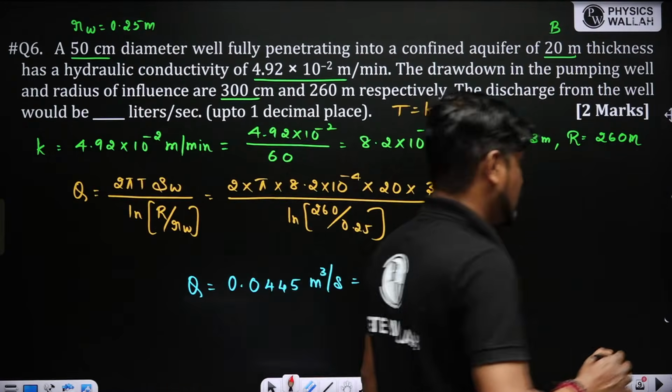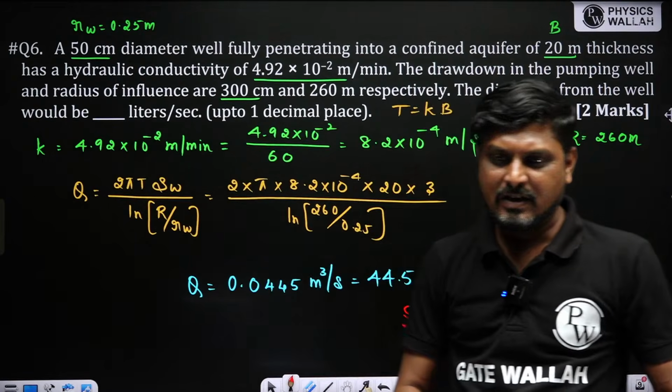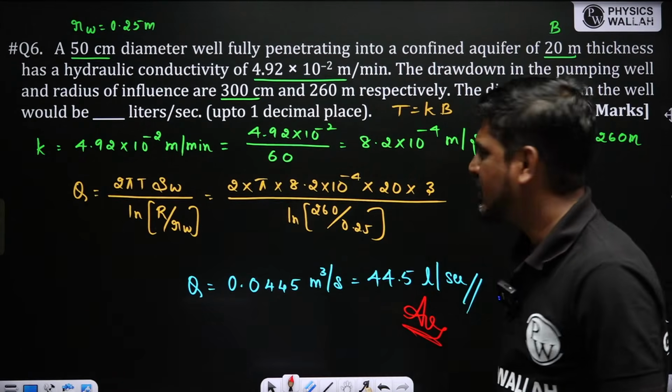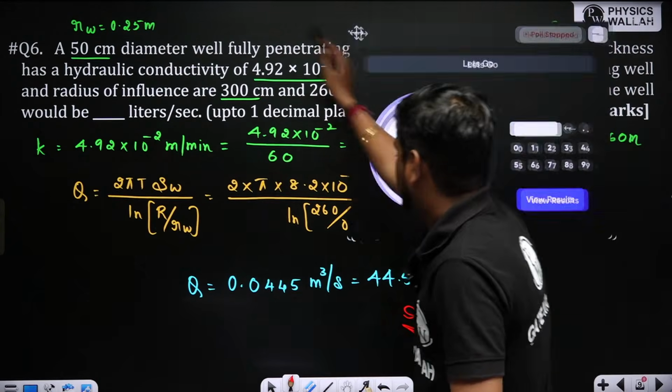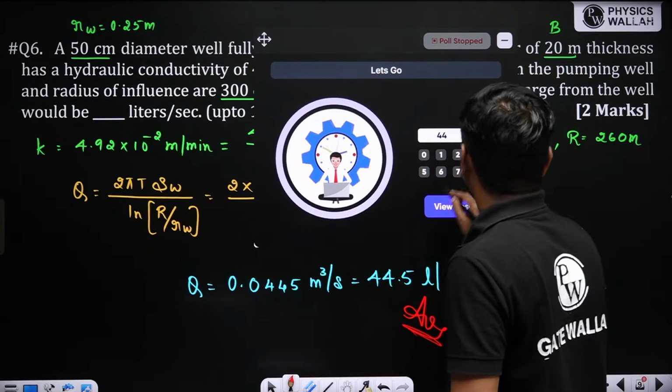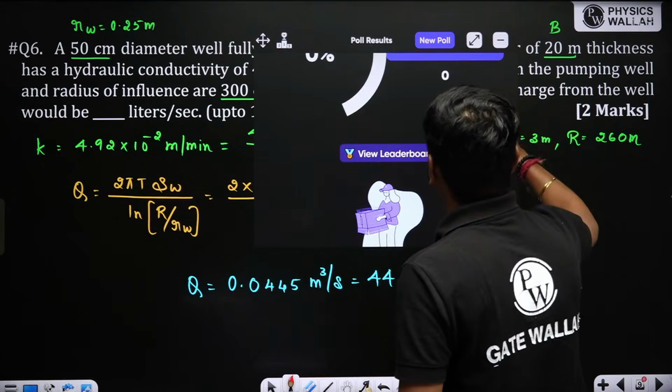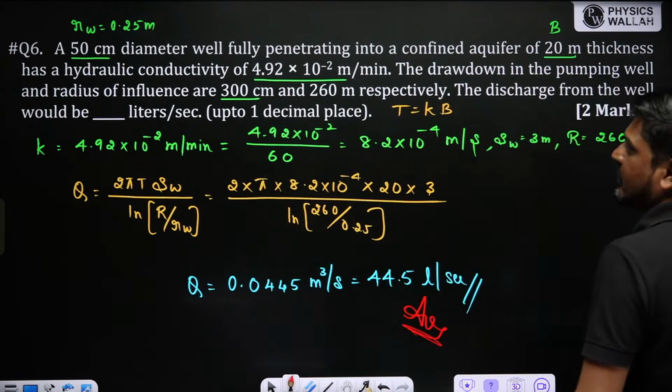Simple question. See, slight decimal variation is fine. 49, 40, 50, that is not an acceptable answer. 44.5.